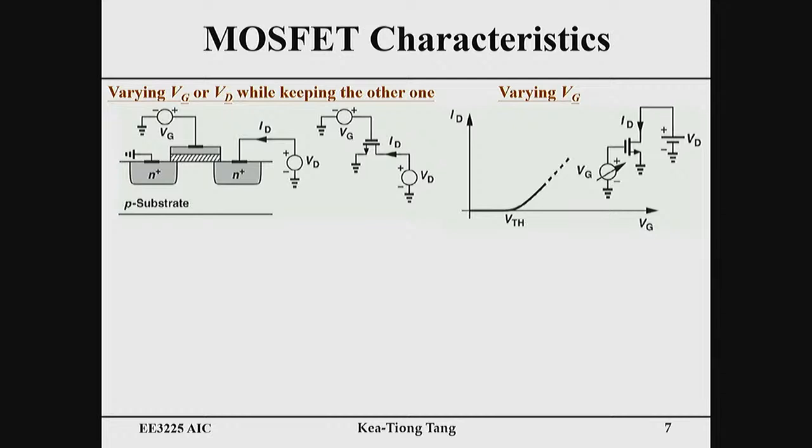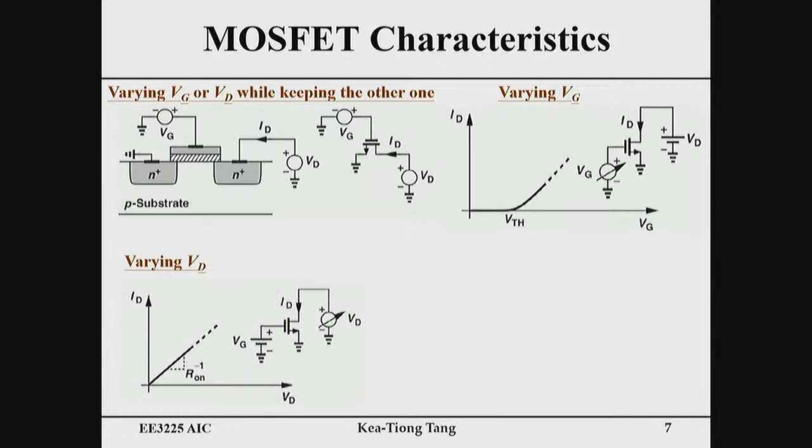So before the gate voltage exceeds the threshold voltage, there's no current, but after the gate voltage is larger than the threshold voltage, we will have current, and this current will increase as we increase the gate voltage. But it is not linear. Later today we are going to see this is a square law relationship.